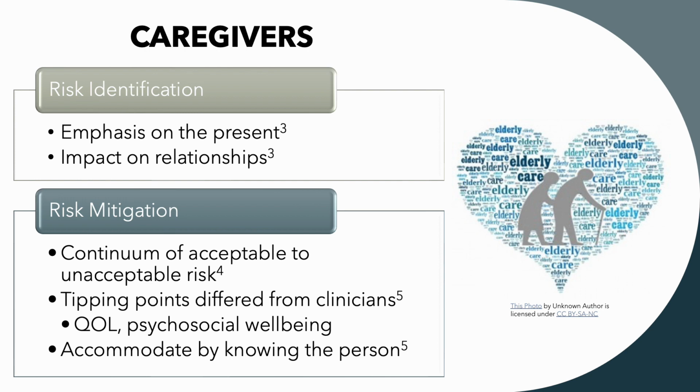Caregivers evaluate risk on a continuum of what they consider acceptable risk, of which a threshold or tipping point differs between caregivers and clinicians. Caregivers' tipping points fall within decisions around quality of life and psychosocial well-being related to loss of independence, reduced self-esteem, and institutionalization.